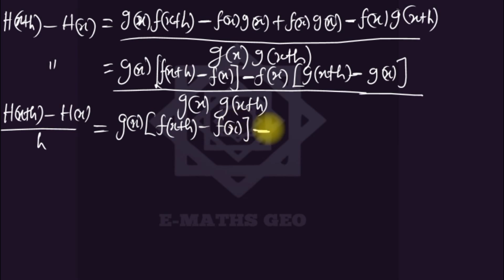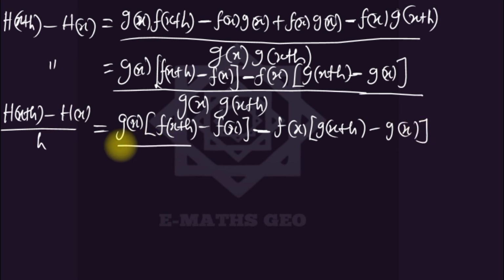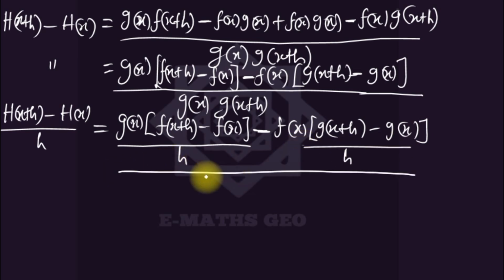Remember, this is minus, so it splits this into 2. So I divide each by h, while our denominator is still g of x times g of x plus h. So we are still correct.